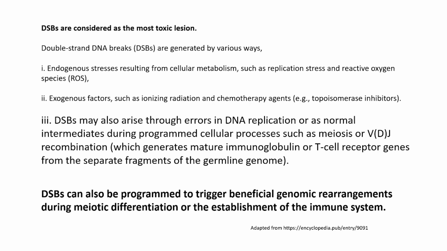These DSBs can be programmed to trigger beneficial genomic rearrangement during meiotic differentiation or the establishment of the immune system. So, DSBs are kind of double-edged swords. They are harmful on the one hand, but we can also exploit them in certain cases.